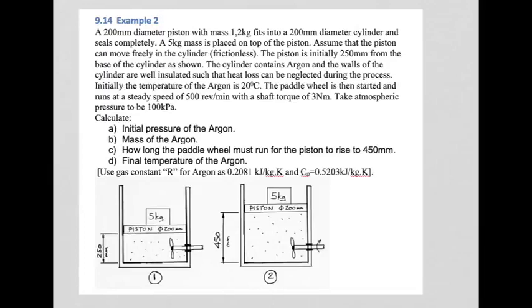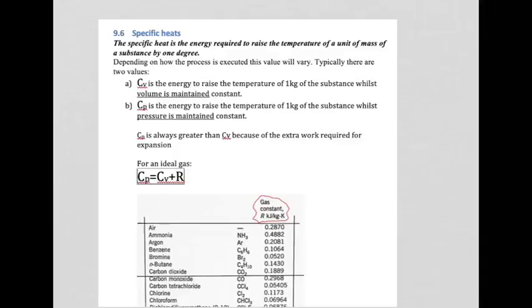Now, in this question we were given CP, but remember that you can find CV if you have R. What is R? Well, if you go back in your notes a little bit, you'll remember that it was the difference between CP and CV. And in fact, CP was always the bigger. CP was equal to CV plus R. R is the gas constant. You get it from a table.